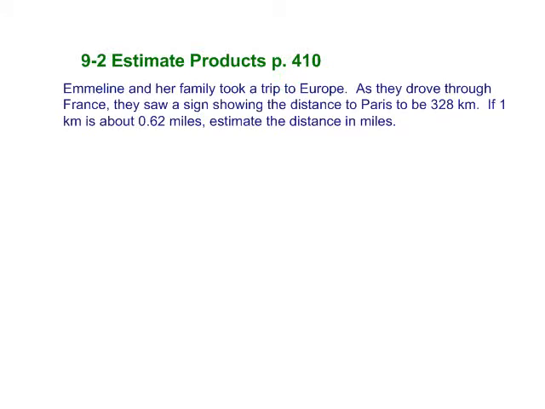The problem is asking, Emmeline and her family took a trip to Europe. As they drove through France, they saw a sign showing the distance to Paris to be 328 kilometers. If 1 kilometer is about 0.62 miles, estimate the distance in miles.